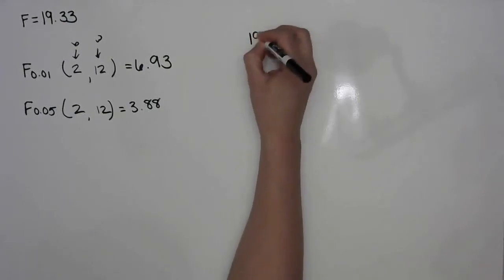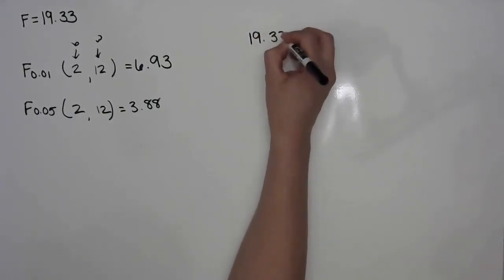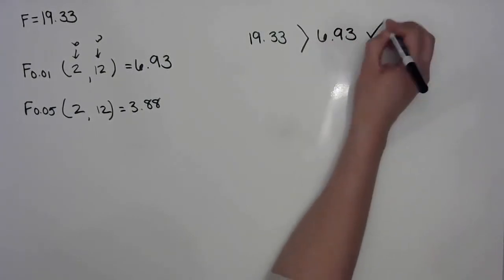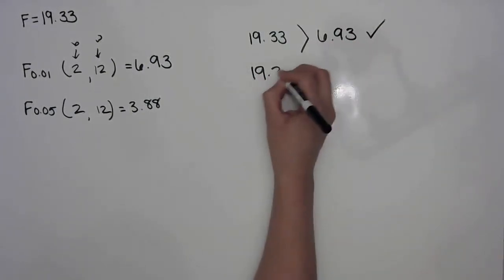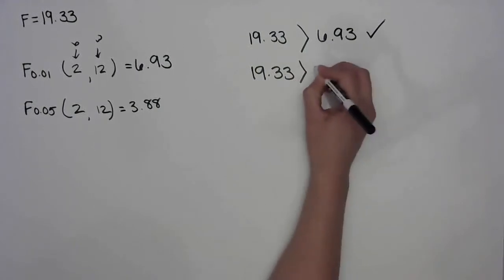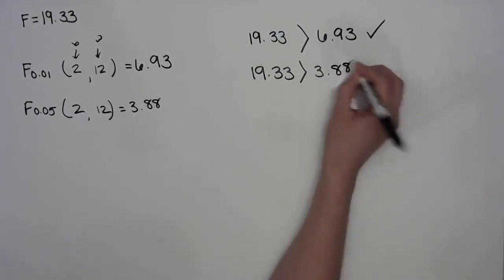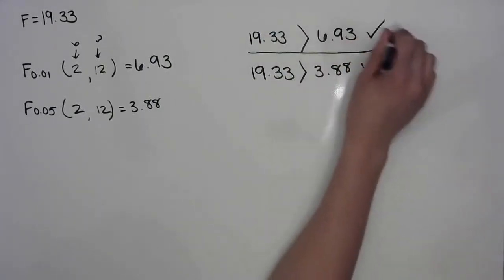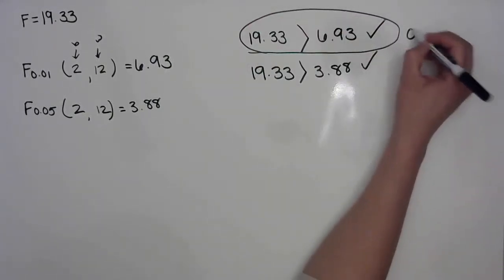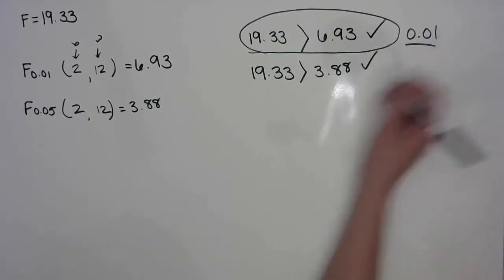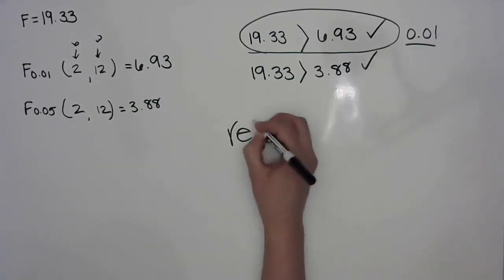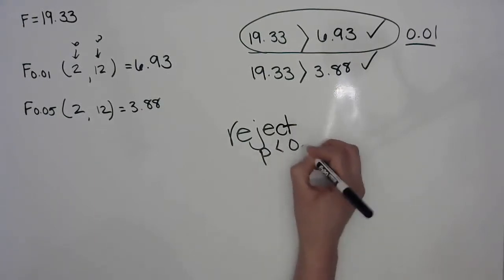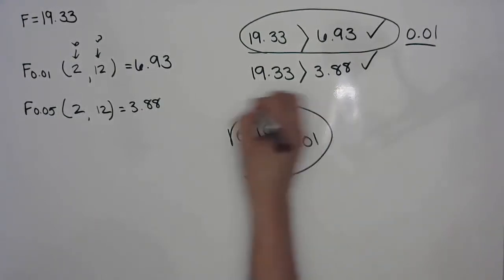Okay, so now let's take our F value here. So we have 19.33. Is that greater than 6.93? Yes. Is 19.33 greater than 3.88? Yes, it is. So since 6.93 is our larger value, and that is at the 0.01 level, that means that we reject H0 at the 0.01 level.